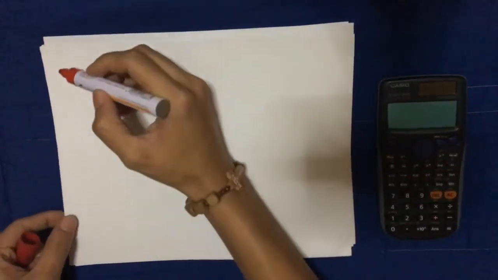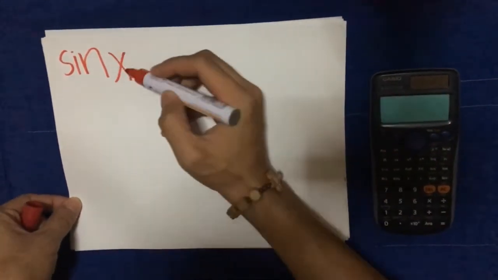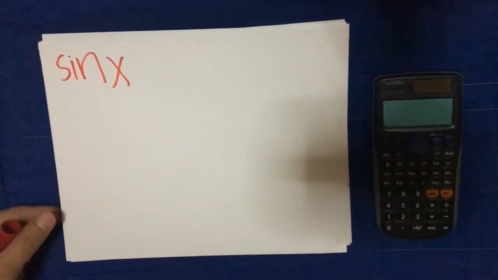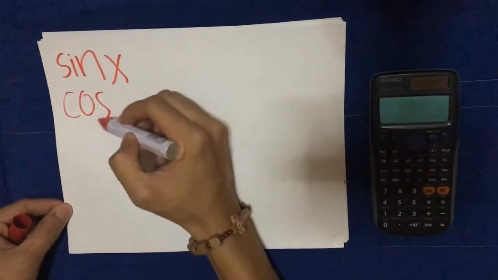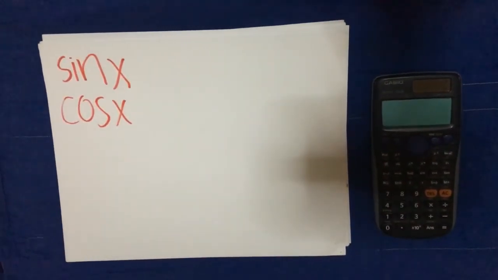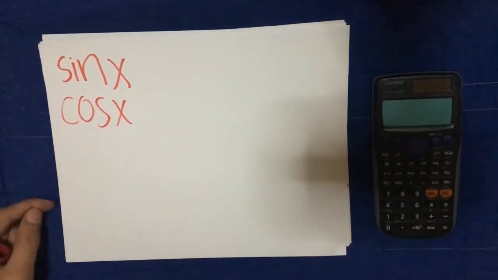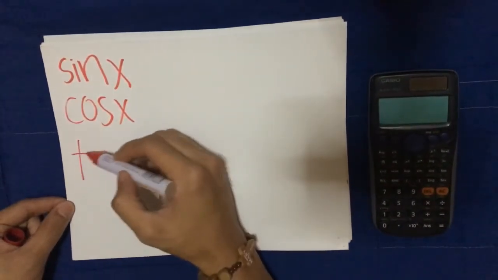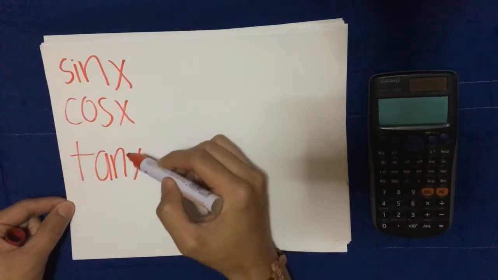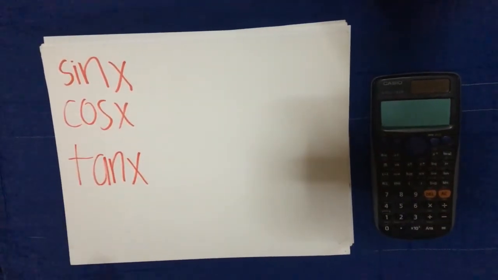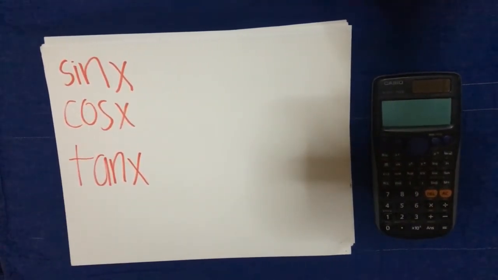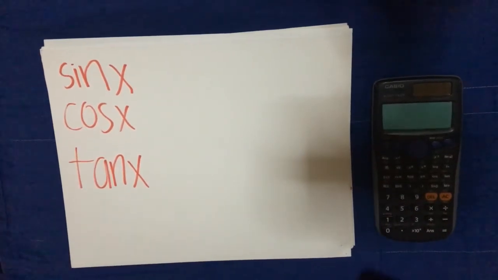Okay, so we all know that the first trigonometric function is sine x. The second trigonometric function is cosine x. Obviously, these two are already expressed as functions of sine and cosine, right? Third is tangent x. So how am I going to express this one as a function of sine and cosine?